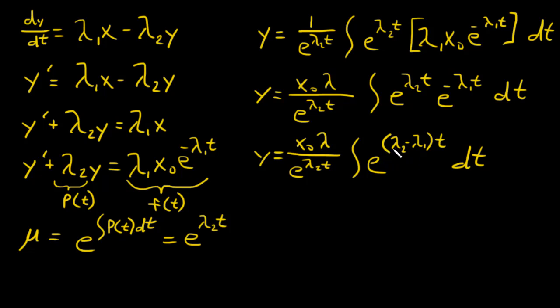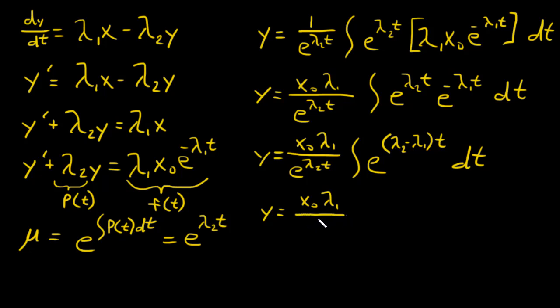When I integrate e to the something t, since I'm integrating, I'm going to wind up with 1 over that something, right? So let me take the integral now. I'm going to wind up with y is equal to x naught lambda 1. I can't forget my lambda 1. That was lambda 1, right? Don't let me drop my subscripts.